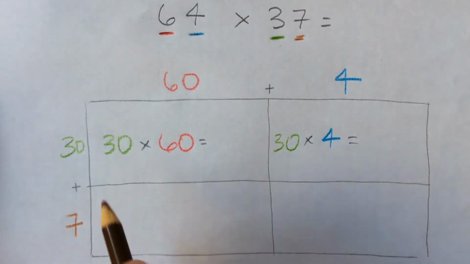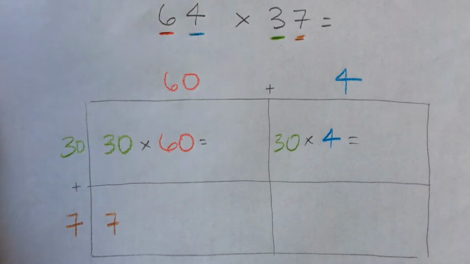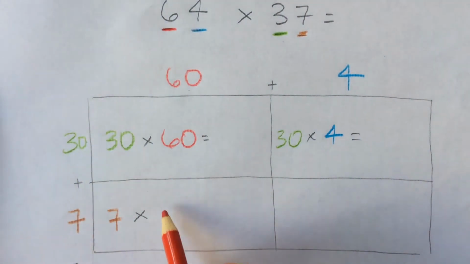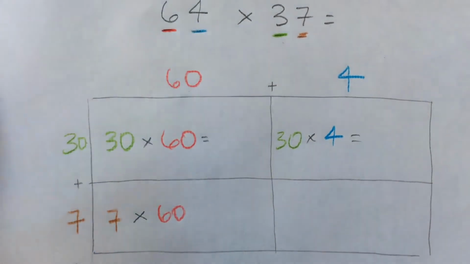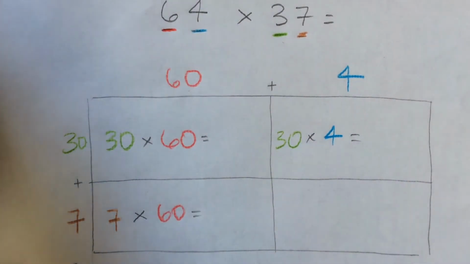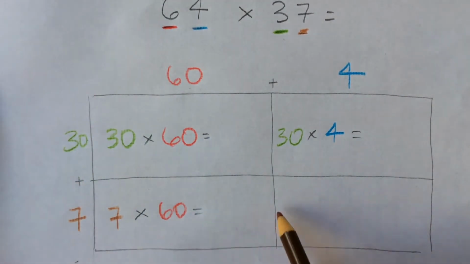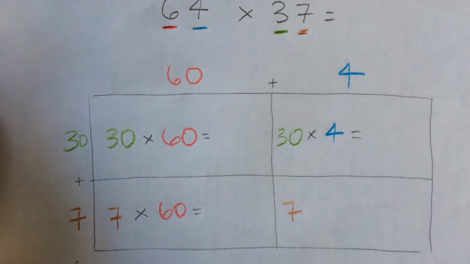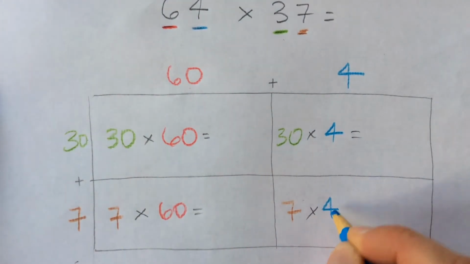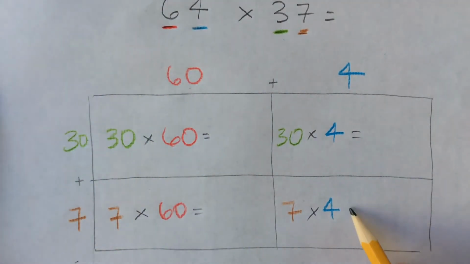And then here we have 7 times 60. And finally we have, whoop, almost did the wrong color, 7 times 4. And of course our equals.